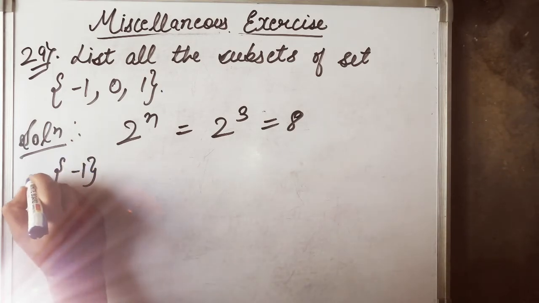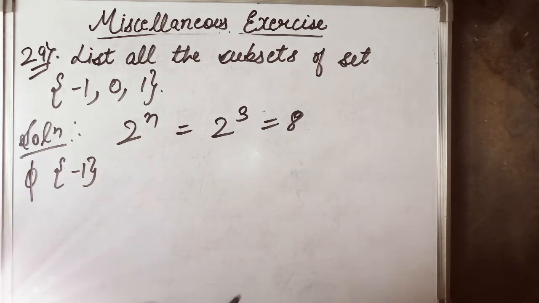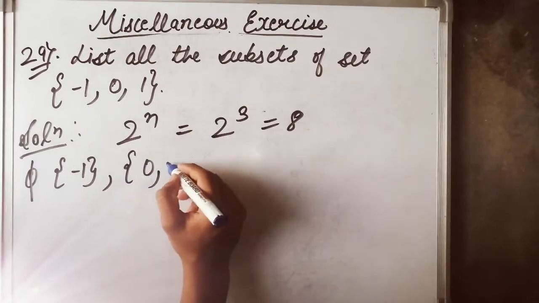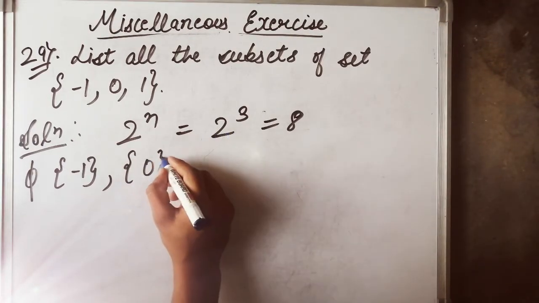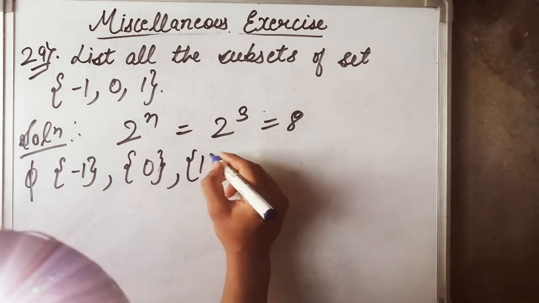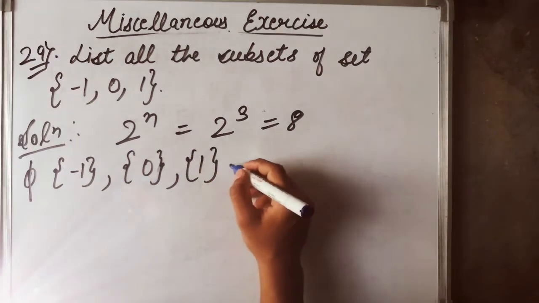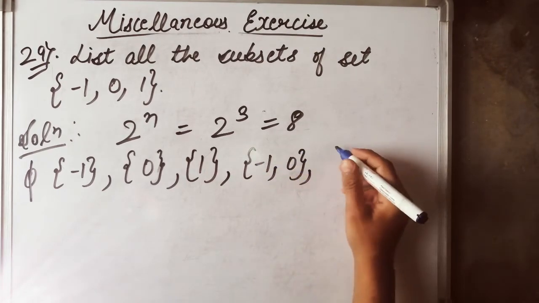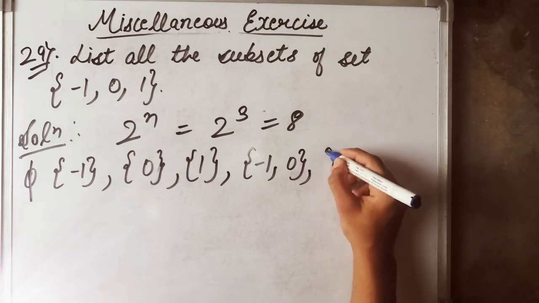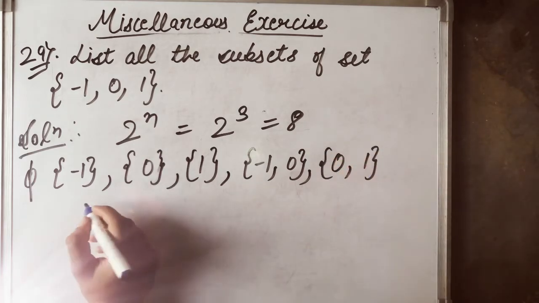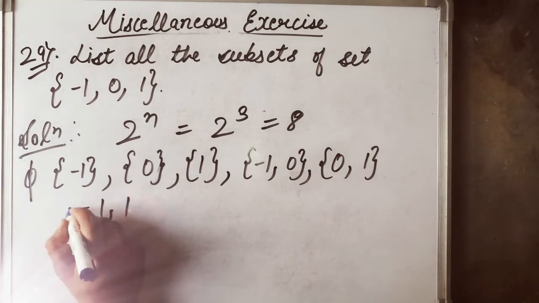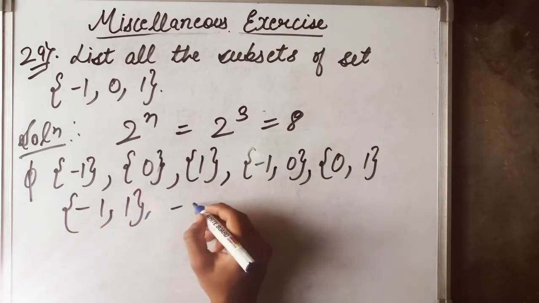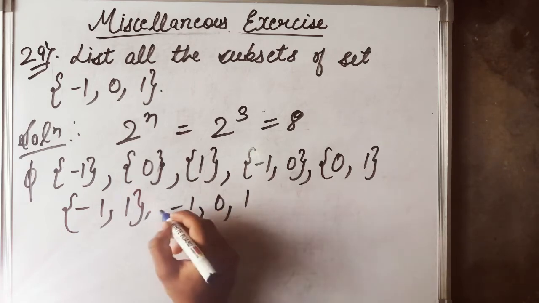The empty set first, because the empty set is a subset of each and every set. Then {-1}, {0}, {1}, {-1, 0}, {0, 1}, {-1, 1}, and after that {-1, 0, 1}.